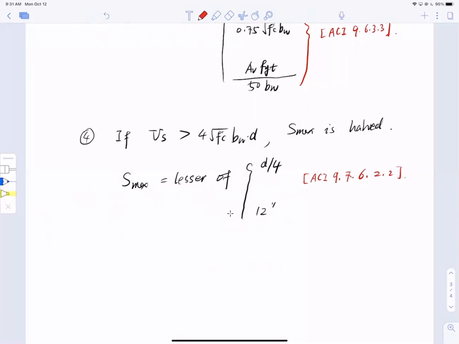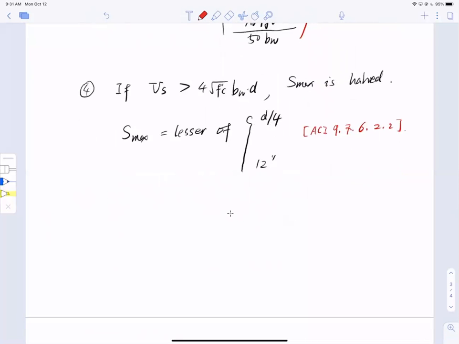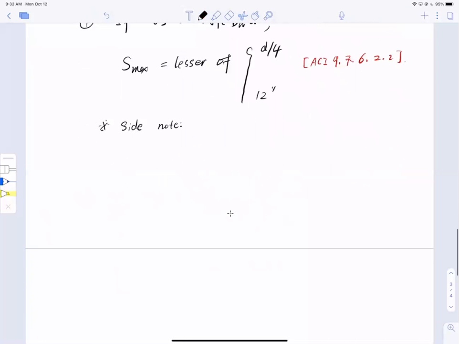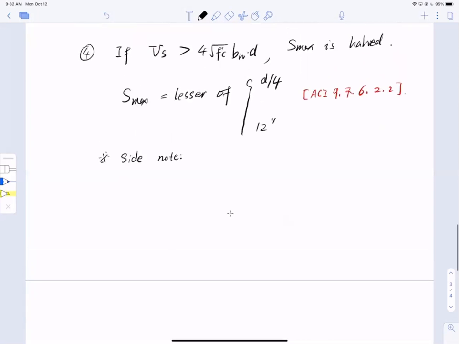Just to clarify, this is a side note. Essentially, what you're doing is you can group all the required spacing. That is all the requirement on number 4.